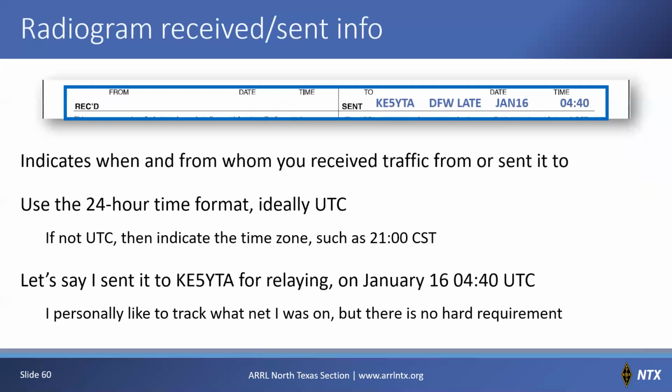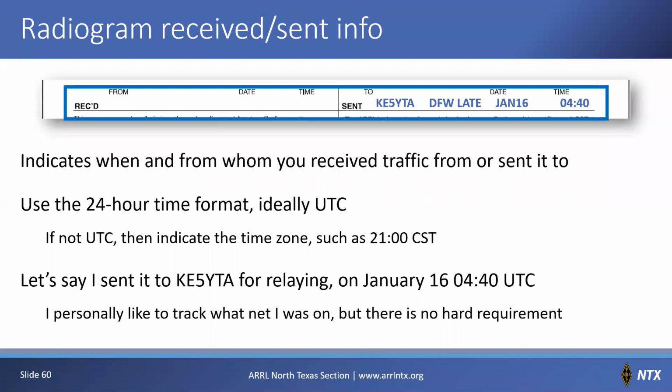The last part at the bottom, this is your tracking information. Who did you receive the traffic from, and who did you relay it to as it's going through the network? Again, UTC is your friend. The form, some of them have the net, some don't. I like to write the net just because, like here in Dallas, we have 2 sessions that happen daily. So I write which one it was, the early session or the late.